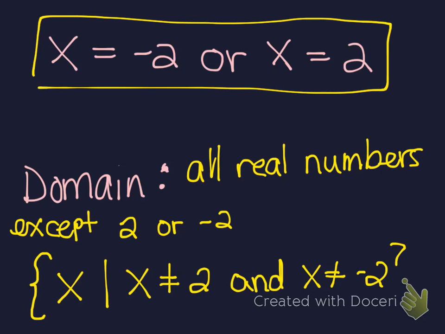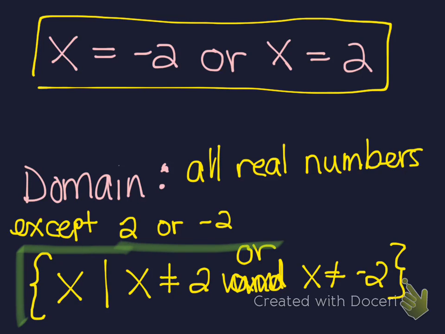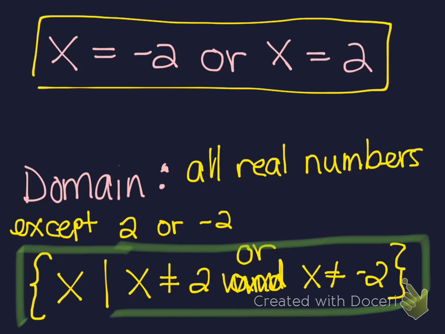And that should be an or. Sorry about that. Or. So x cannot be negative 2 or x cannot be 2. Neither one of those. Remember, the mathematical or includes both. So this is the set notation for what we've written in words. They mean the same thing.